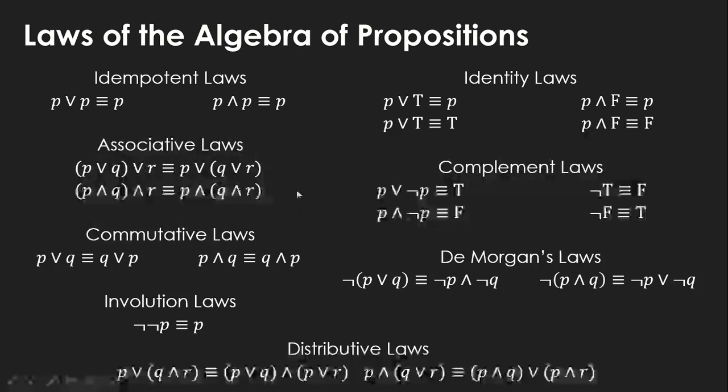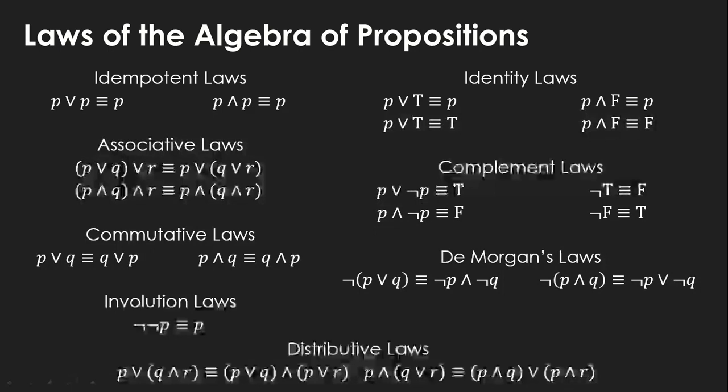We also have the complement laws, by which if a certain statement is combined using the operator or and to its negation, it will result to either true or false.